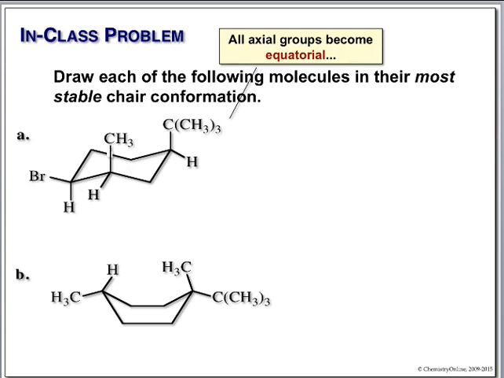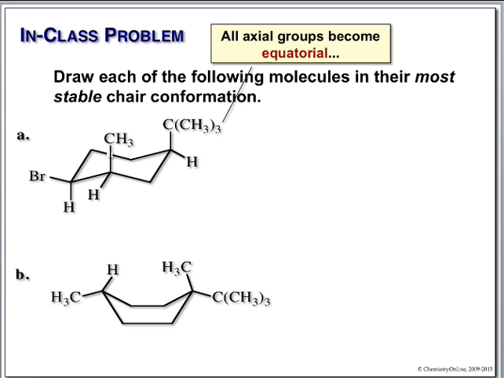So we start off with a chair, and I put my bonds in for my 1, 2, 4 positions. The tert-butyl group must be equatorial.